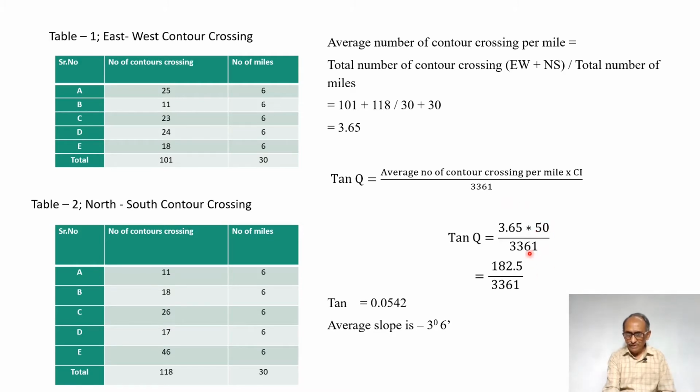So when you calculate this, you get the answer 0.0542. Now, how to find the average slope, this angle, that we'll see in the next slide, that is, with the help of this number using a log table, how we can get this particular angle, that we will be able to see in the next slide.